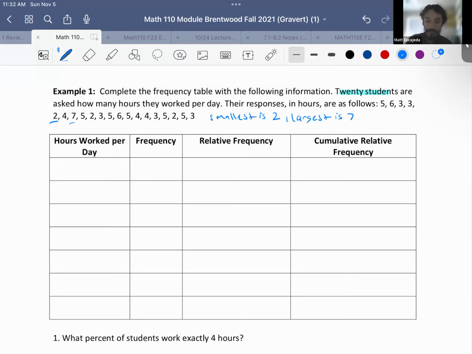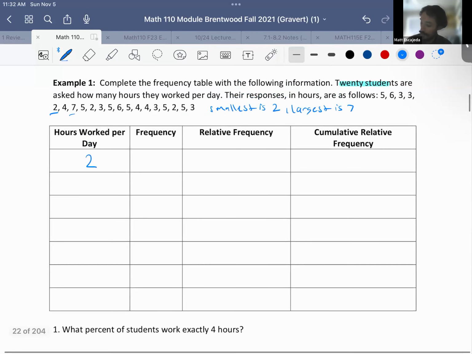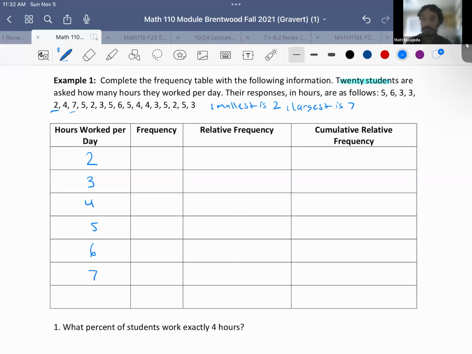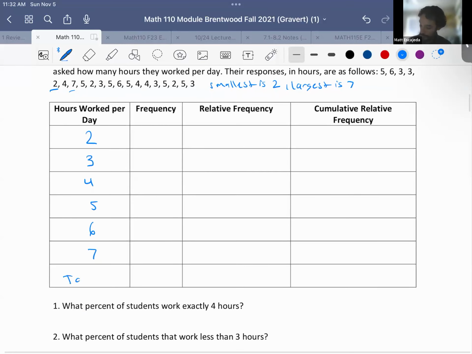What that means is 2 is the smallest amount of hours they work, so that's right there. And then I'm just going to count up all the way to 7. So I see a 3, I see 4s, I see 5s. Do I see 6s? Yes, I see a 6, and then I see a 7. Nothing goes past 7. So let's just have a total row here.